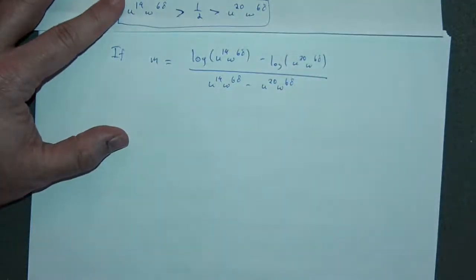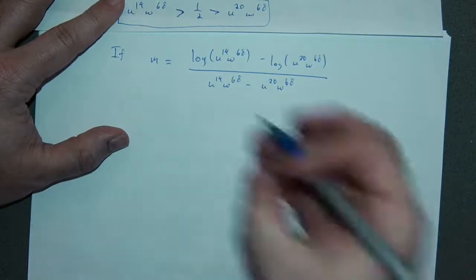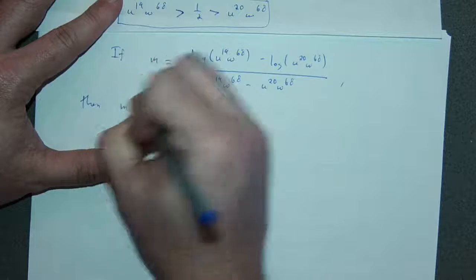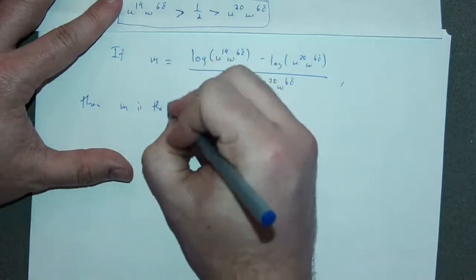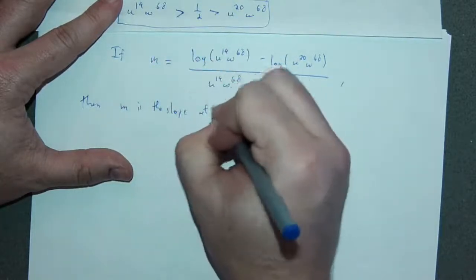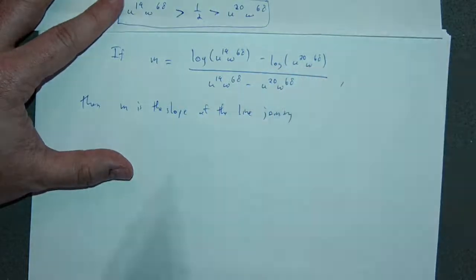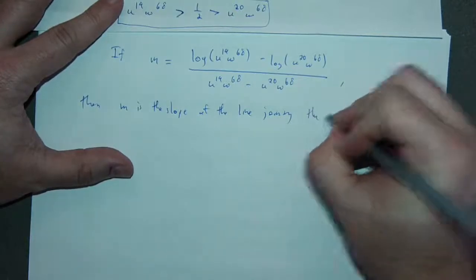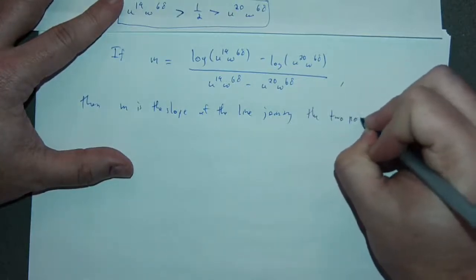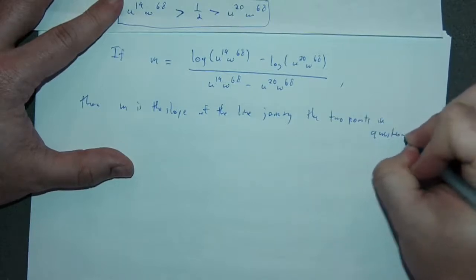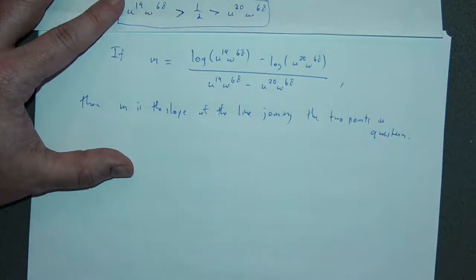What is this? Well, then m is the slope of the line joining those two given points, right? Points in question.